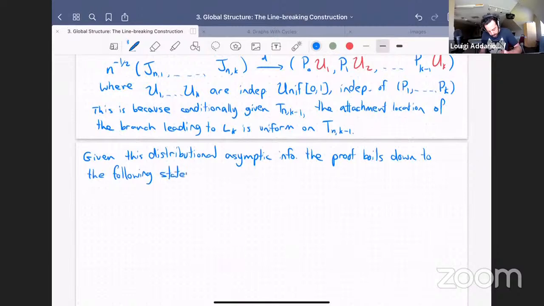Let's build a sequence of binary leaf-labeled trees with edge lengths in the limit. We start from a tree T_0, which is just a single point.